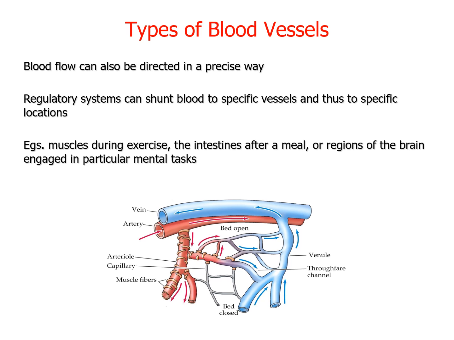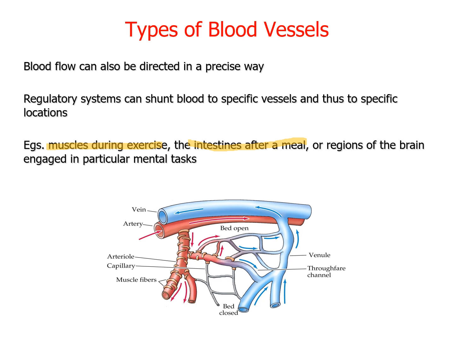So in this way, because of this ability to vasoconstrict or vasodilate, blood flow can be directed in a very precise way. This is a way of allowing more blood or less blood into a particular part of the body. Regulatory systems shunt blood to specific vessels in specific locations. For example, muscles receive more blood during exercise. Intestines receive more blood after a meal.